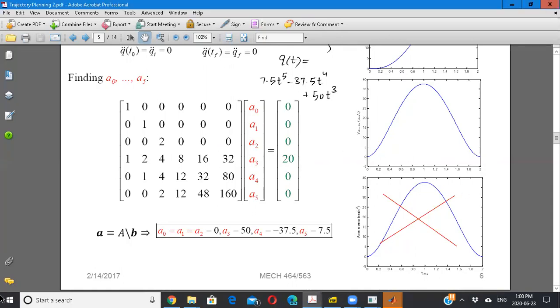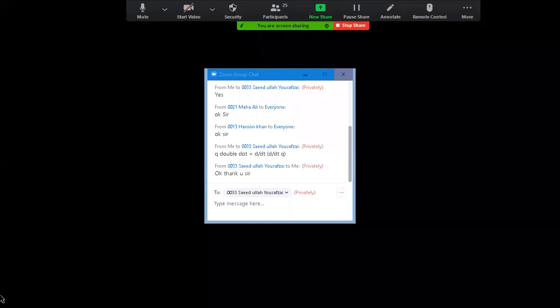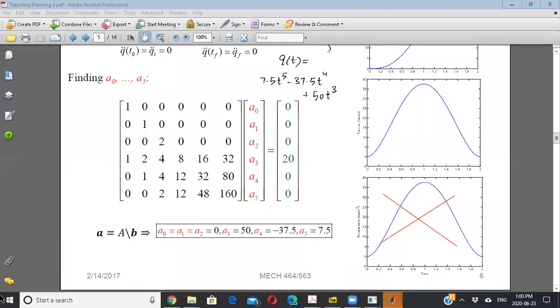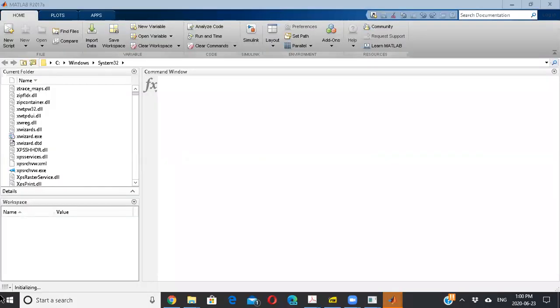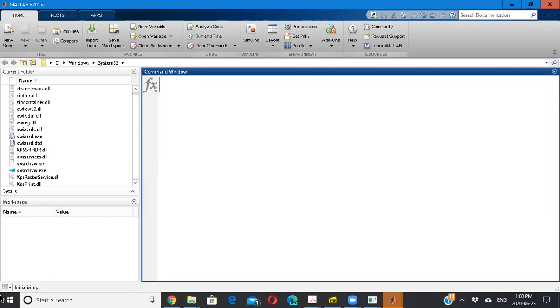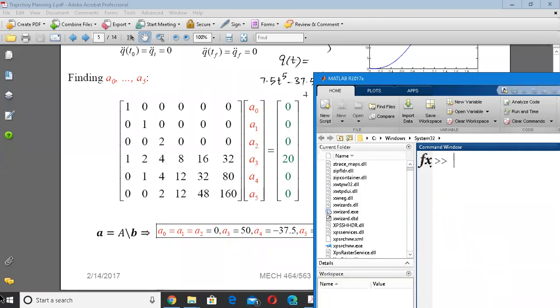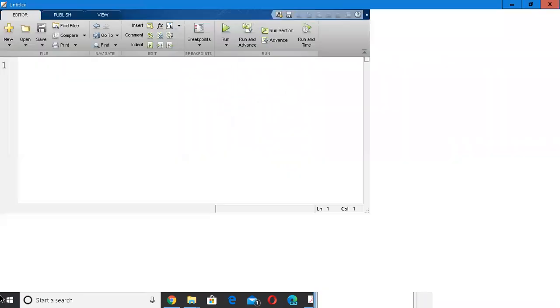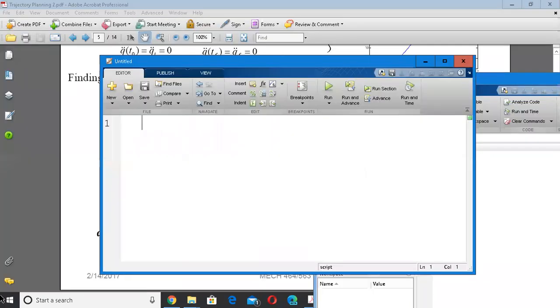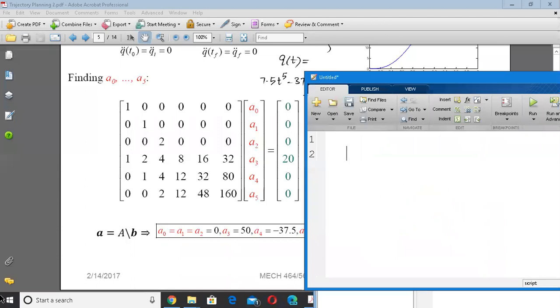If you don't have questions, then I'll just quickly correct these calculations. So we got this. Okay. So let's say this is my matrix.